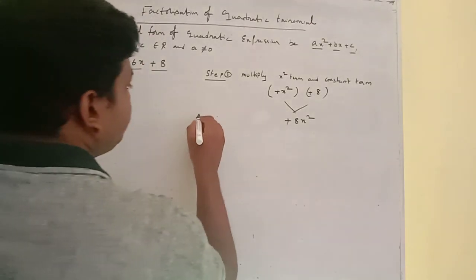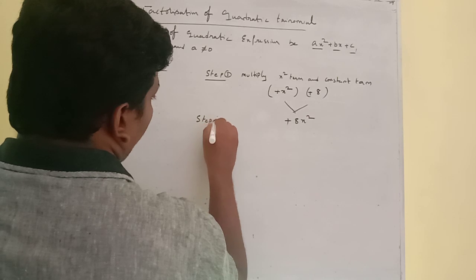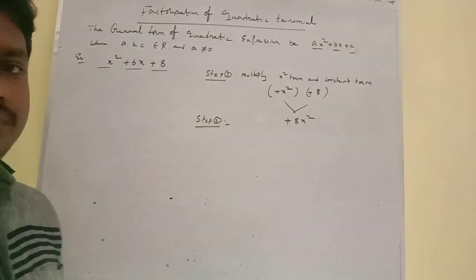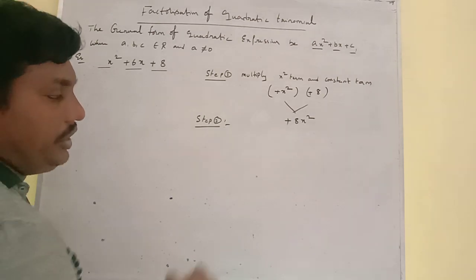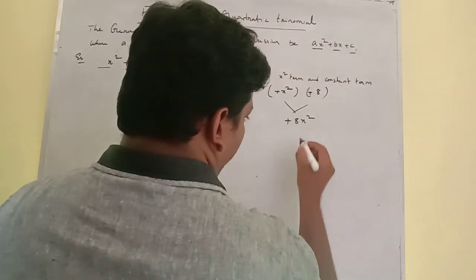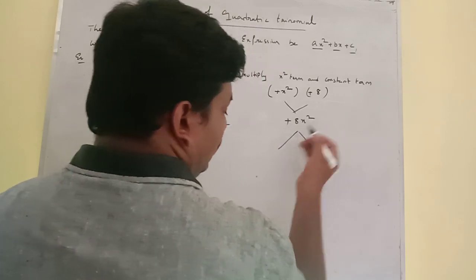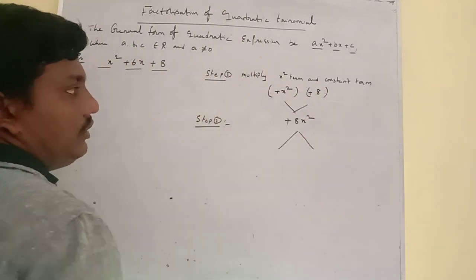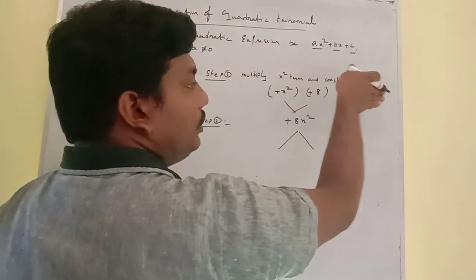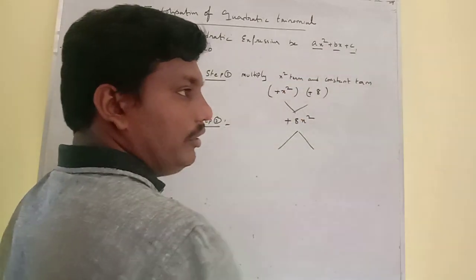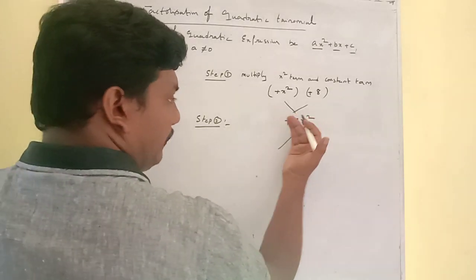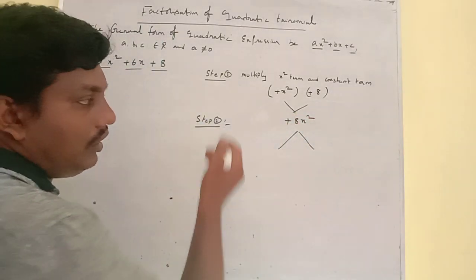Now step 2. In this step, we divide the obtained product into two factors. From the product we take the symbol, the number and the variable.